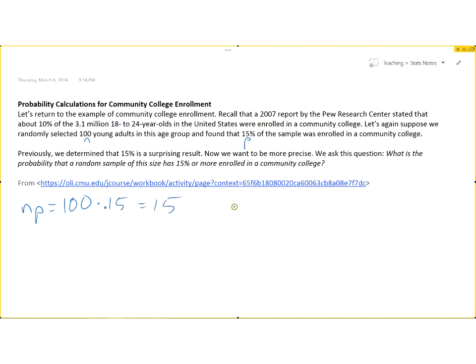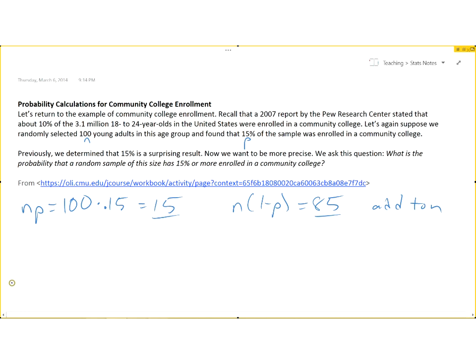Well, n times 1 minus p, if you distribute the n, equals n minus np. So this is going to be 85. These two numbers here have to add to n, because everything in the sample has to be a success or a failure. All right. So we got 15 and 85. So those are both more than 10, so we can use the normal distribution.